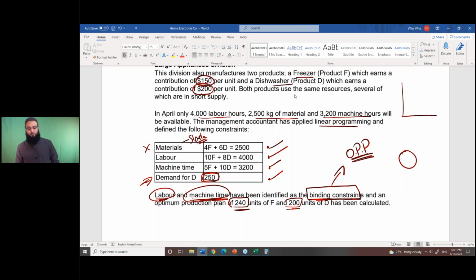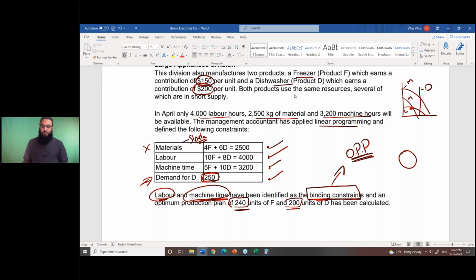Let me quickly give you a quick idea. I don't know about the accurate lines, I'm just giving you a quick idea. If these two are the lines of labor and machine, so here is your optimum point. Now the other two lines may be of material and demand.